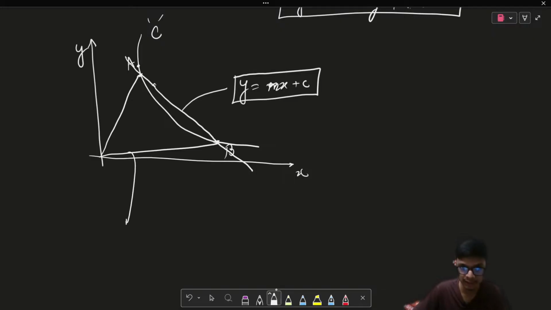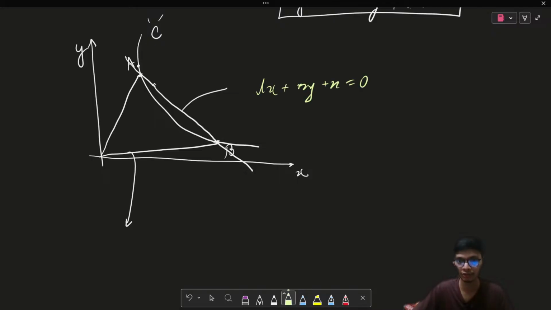Now the combined equation of this pair of straight lines can be modified and written as follows. Maybe I am going to write this line equation in terms of other variables. Let us say lx plus my plus n is equal to 0, right? From this result, I can write this expression equal to 1.